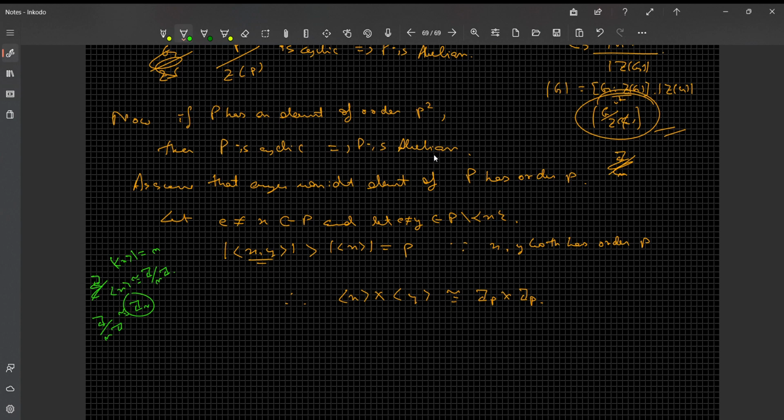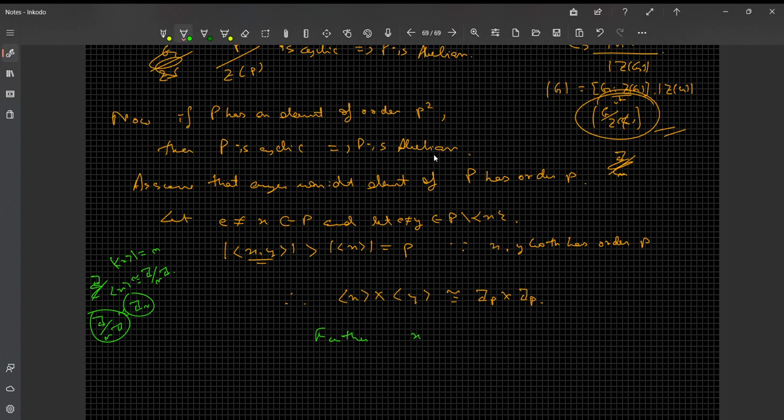Zn is the set of elements 0 to n minus 1 with addition modulo n, and Z mod nZ exactly contains those elements. We just consider the elements in Z mod nZ as residue classes of the integers, but they are actually the same elements and they have the same operation. So this is trivially isomorphic. So the cyclic group generated by X is isomorphic to Zp, and Y is isomorphic to Zp, so this is isomorphic to Zp cross Zp.